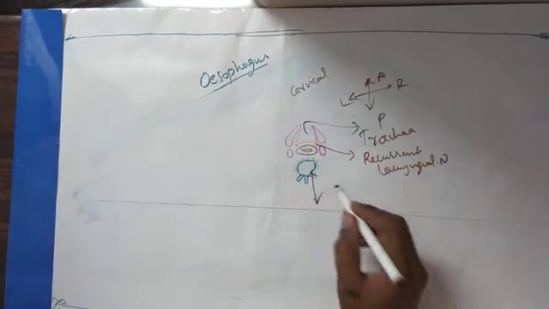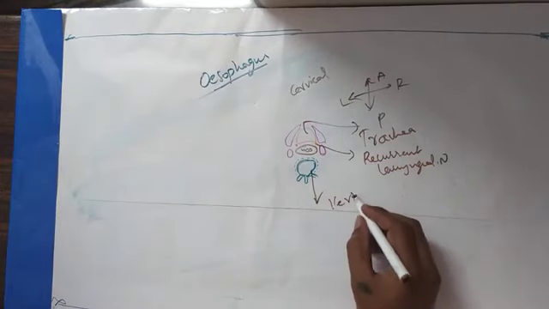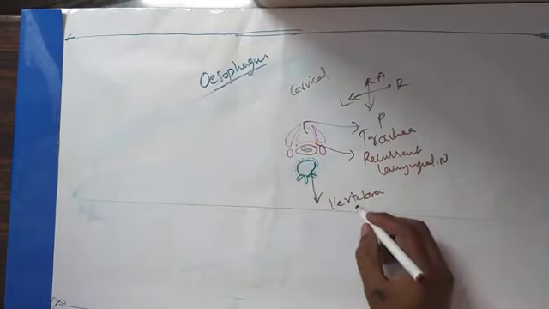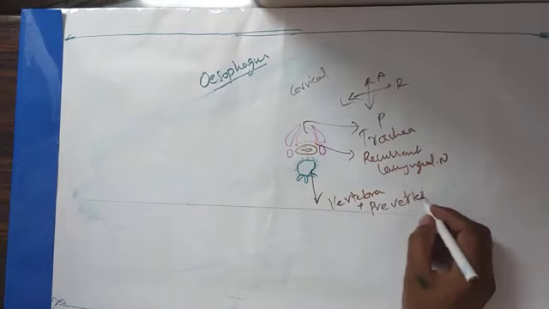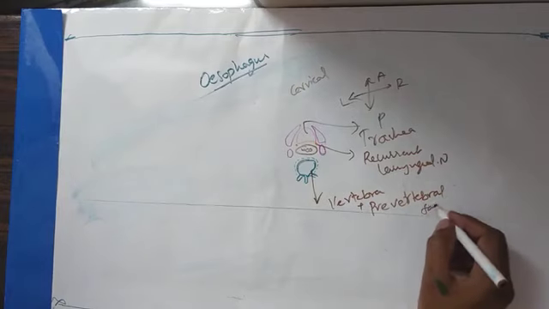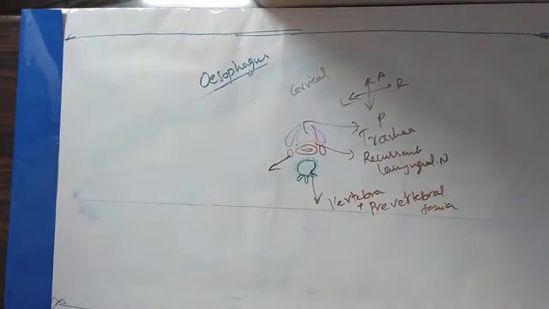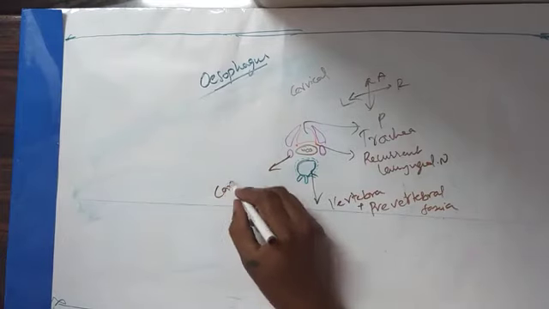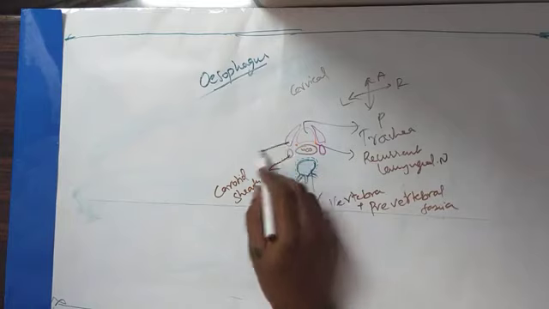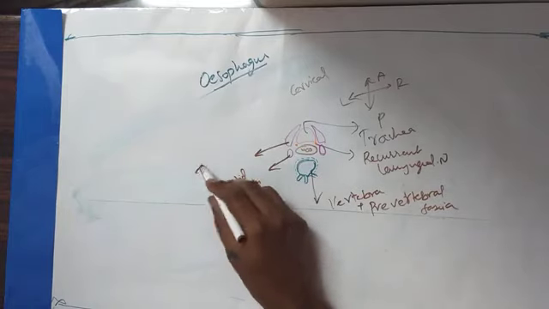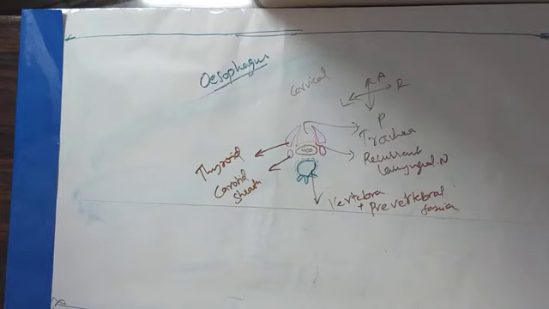So what about the relations in the posterior part? So what is this? These are your vertebrae. So covering this vertebrae, we have this pre-vertebral fascia. Then lateral to this, what is this sheath? That is our carotid sheath with its contents, and this will be your thyroid gland, that is lateral lobes of your thyroid gland.